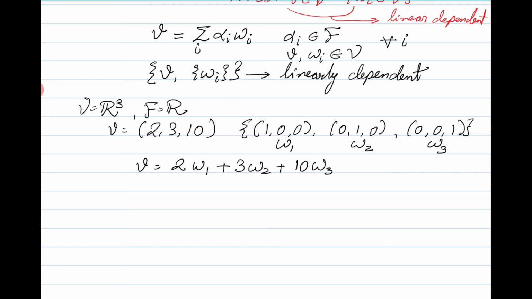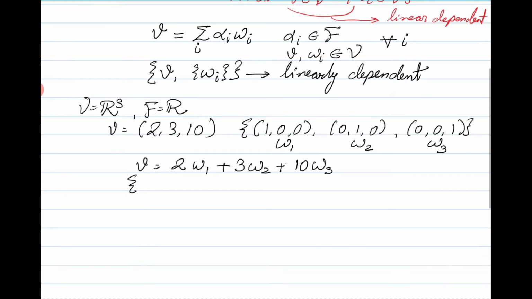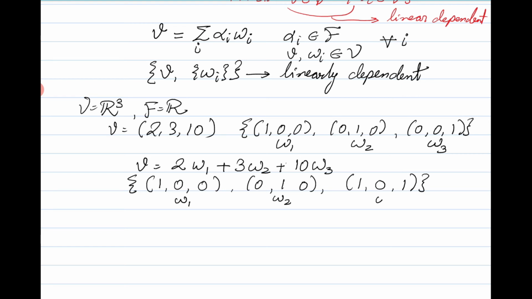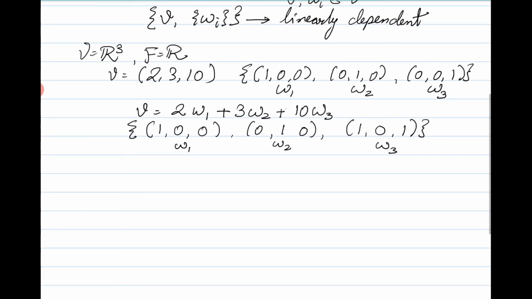Okay. Let us choose another set. Let's say it is 1, 0, 0, 0, 1, 0, and 1, 0, 1. So if you verify again, considering this as W1, W2, and W3 respectively, you can verify that V, W1, W2, W3 are linearly dependent.